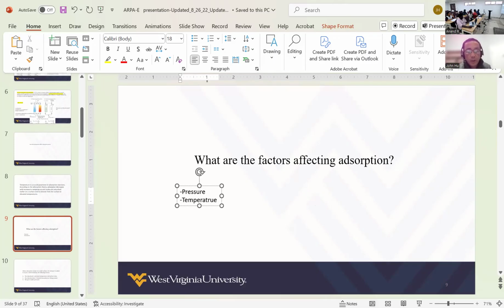Temperature needs to be low. As long as you can read my typing, it should be fine. Pressure needs to be high. What else? Anything else?